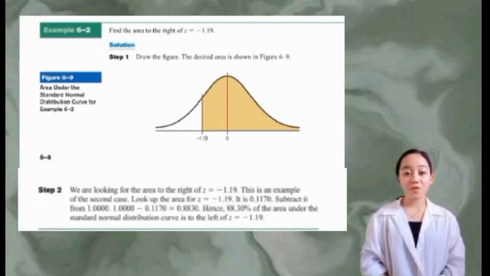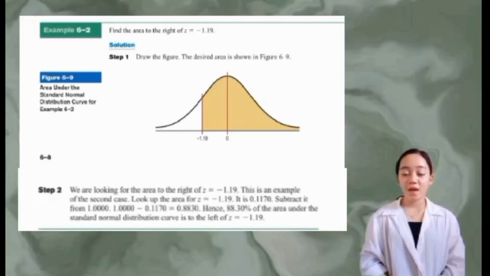The area for z, which is equal to negative 1.19, in the z-table is 0.1170. And we are going to subtract it from 1. So 1 minus 0.1170 is equal to 0.8830.